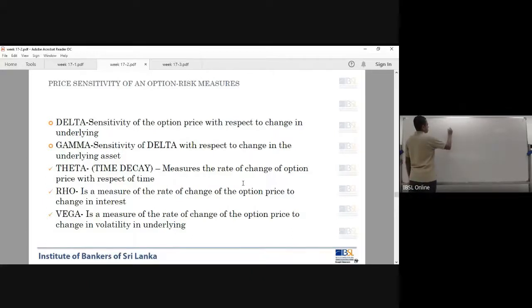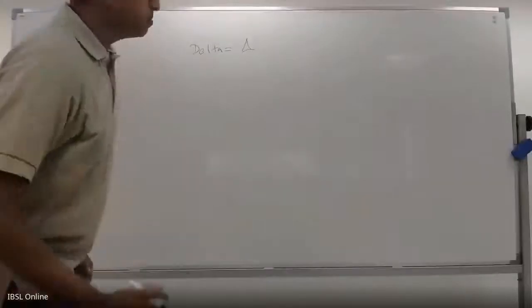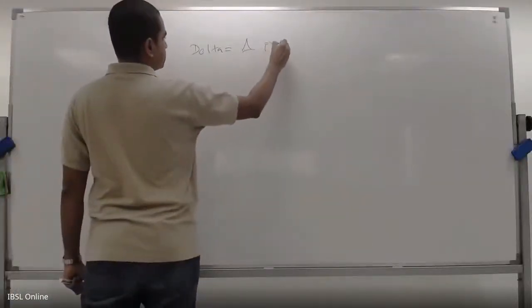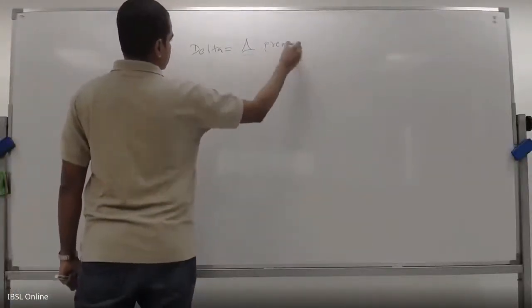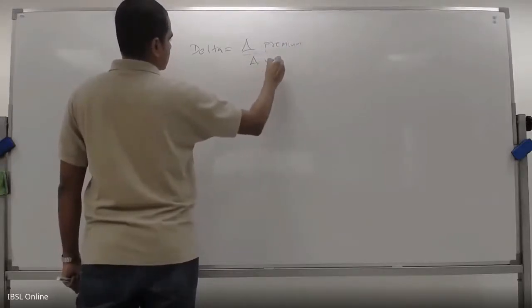First one is called delta. That is the change in option price, which is the premium, change in premium divided by the change in the underlying price.